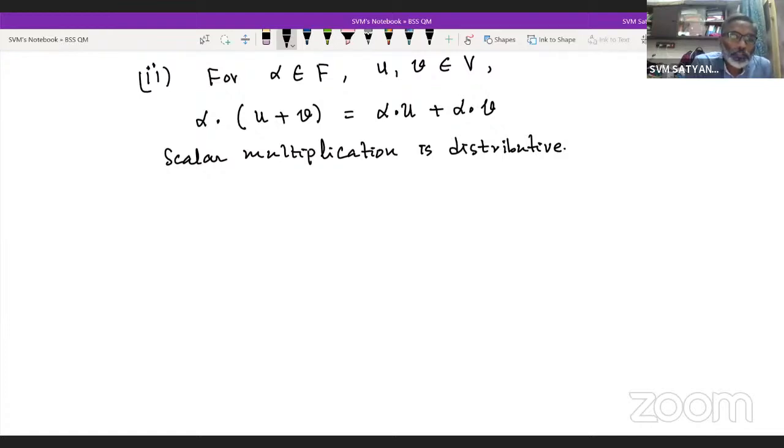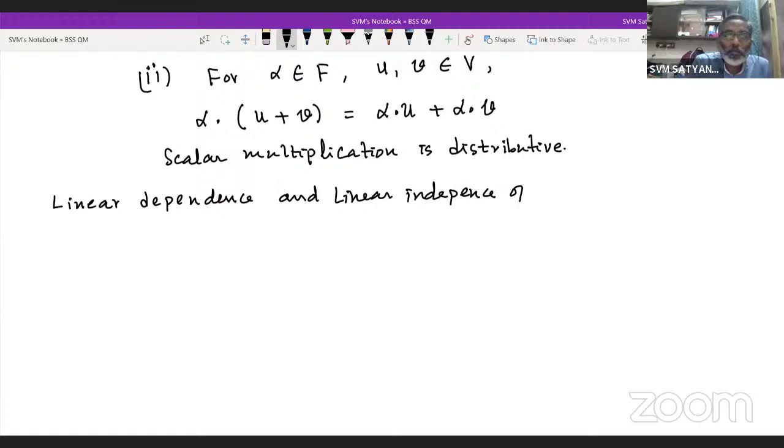So the first concept that I would like to discuss is linear dependence and linear independence of a set of vectors.